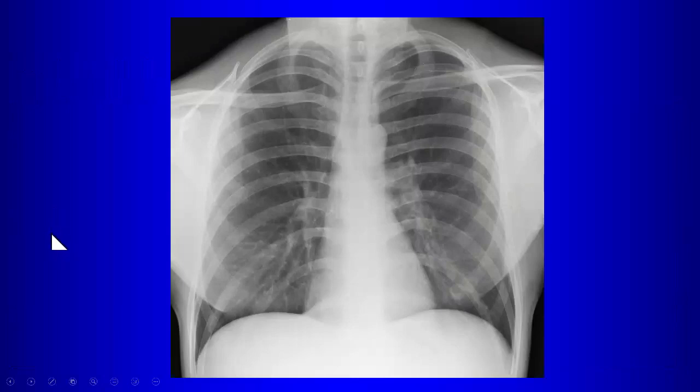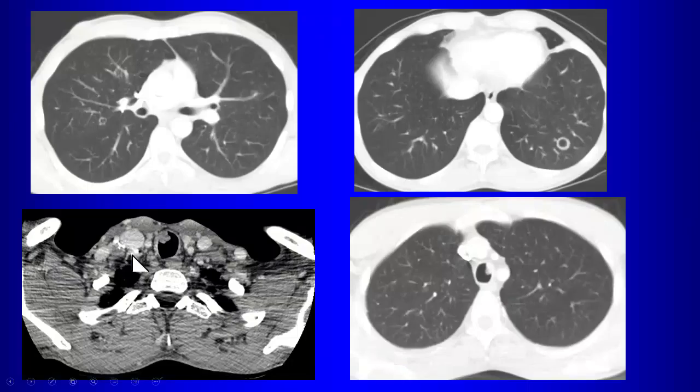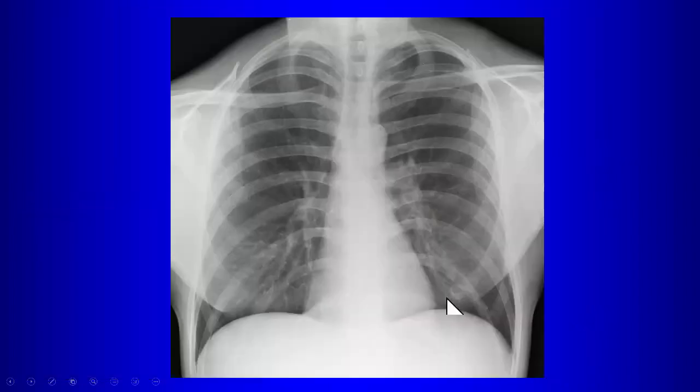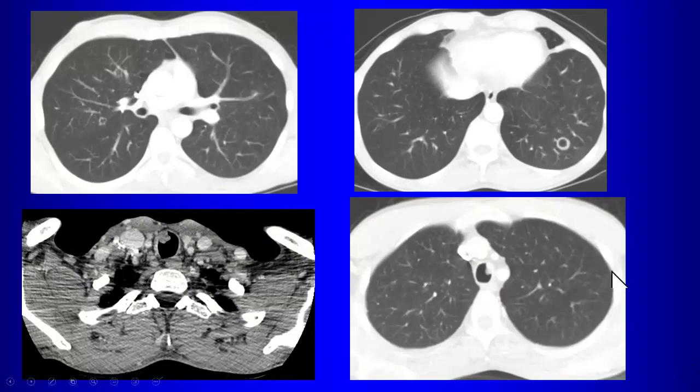The finding in this patient is what? We don't see it? No? Let's go back. This thing right here. See? Okay, so what do we see on the CT scan?